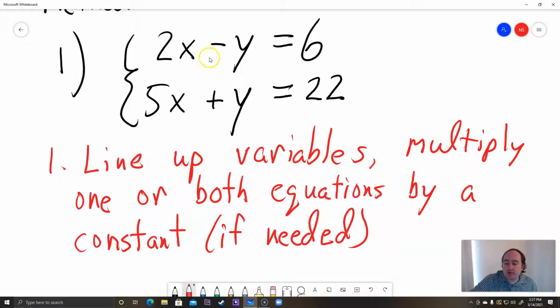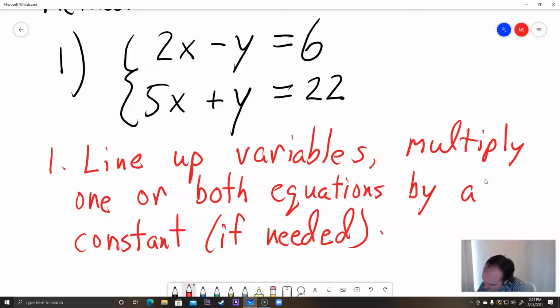With this particular problem, if I just add them the way they're written, I notice that I have a negative y in the first equation and a positive y in the second equation. So I can just add these the way they're written and the y's are going to cancel out. So you line up the variables, multiply one or both equations by a constant if needed. That was not needed here.